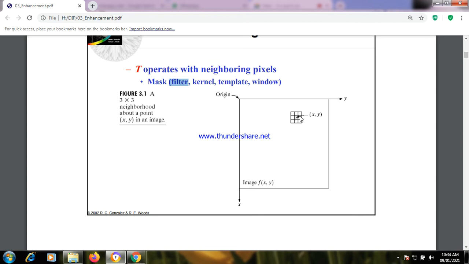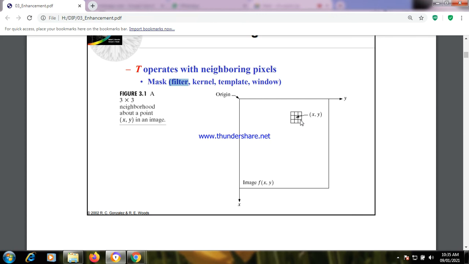We take this particular 3x3 window, and the central pixel is x comma y. We move the filter row-wise, starting from the topmost left, and keep on moving this filter.